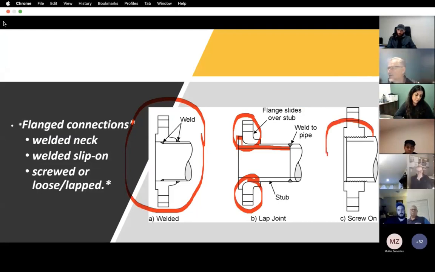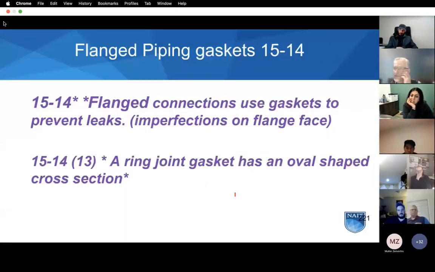And then some flanges just simply are threaded or screwed onto the end of the piping. When we use this kind of pipe connection, these flanges, we're going to need something to prevent leaks, and we're going to use gaskets.